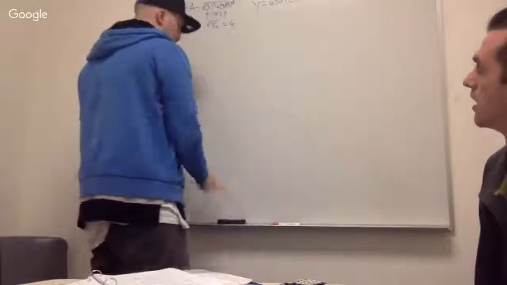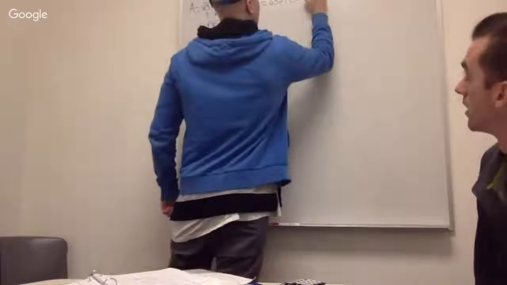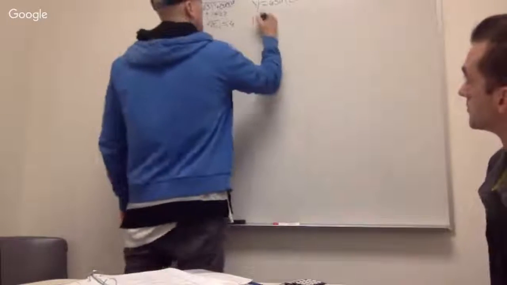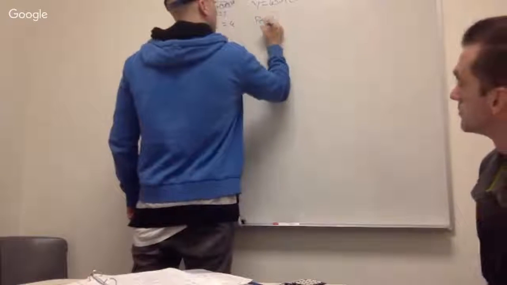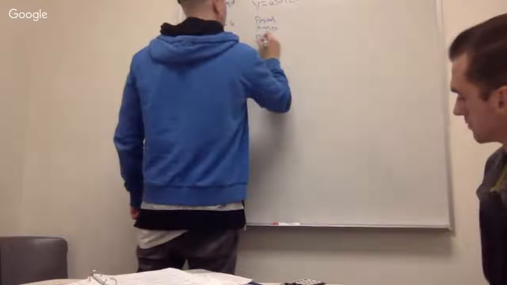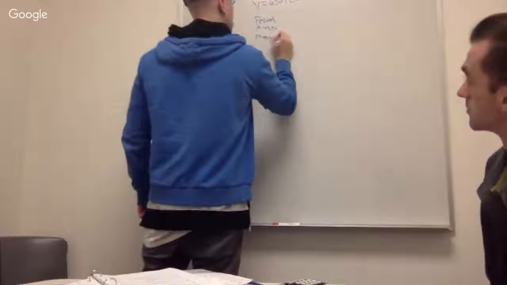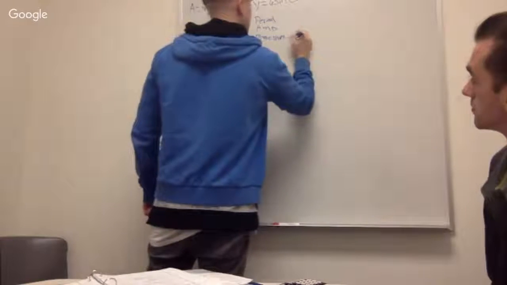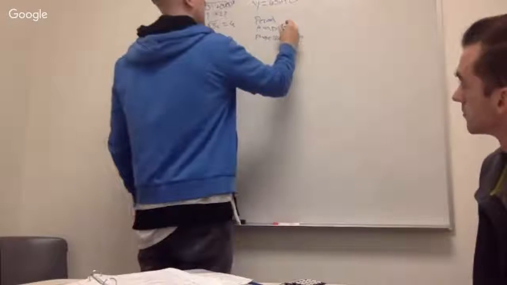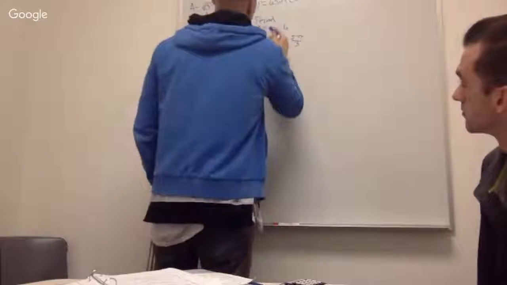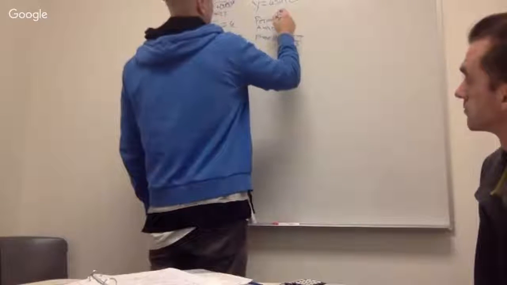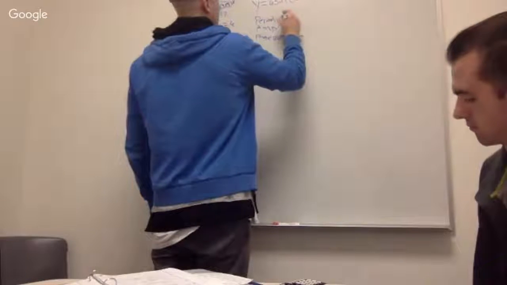So we get 5 pi thirds. Then we go to the period and phase shift. The phase shift is 5 pi thirds. The amplitude is 6, and the period is 2 pi.